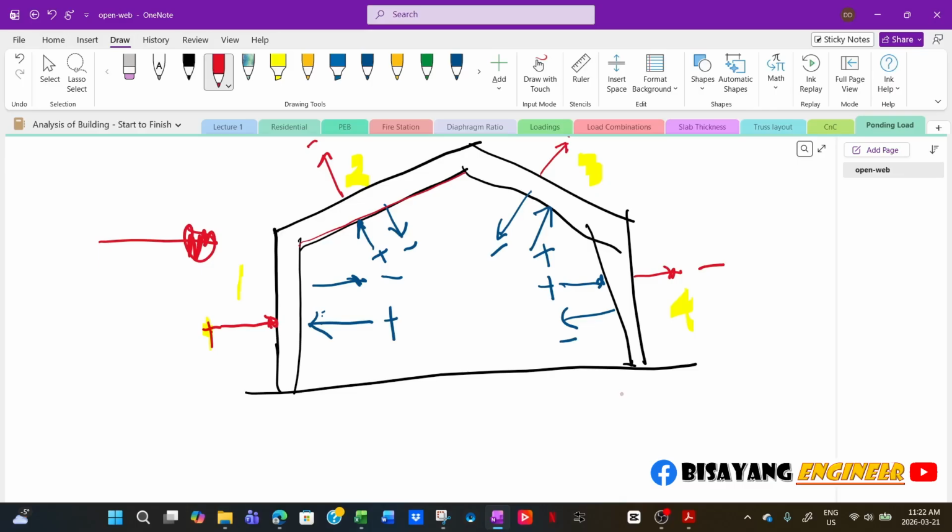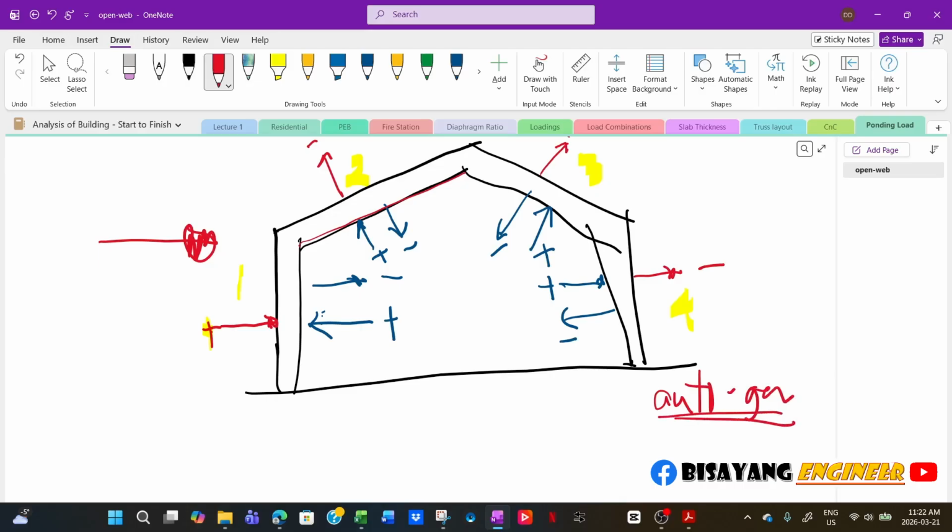So I will model this frame and apply all the loads. In the software you have the load cases, like the auto generated load combinations, but I don't use that one.